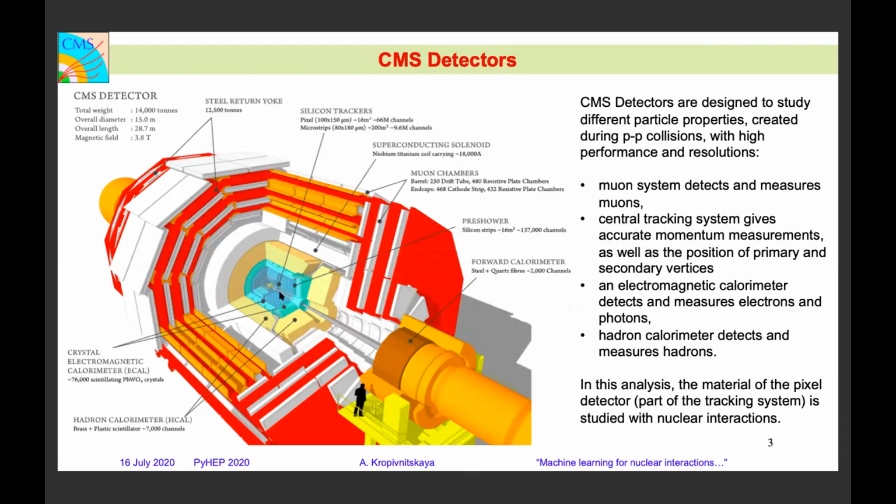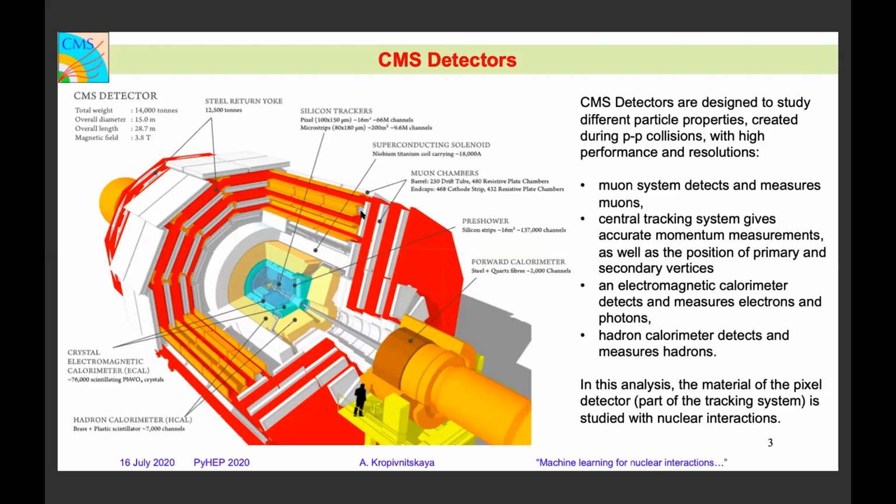In the center of the CMS detector, you could find the tracker system, which is designed to detect charged particles, measure their momentum, and also measure the vertex of the proton-proton collision or any other secondary vertex reconstruction. After that, it is surrounded by the electromagnetic calorimeter, which detects electrons and photons, and the hadron calorimeter, which detects hadrons, all inside of the superconducting solenoid, and after it we have the muon chambers.